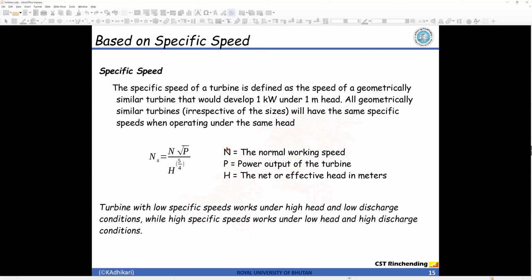So your turbine could be smaller or larger, but it should have a similar specific speed, because it is the speed when producing one unit power working under unit head. By formulation it is given by this expression, but in future we will derive this expression. Right now you just have to understand what specific speed means. Later on we'll discuss in detail.